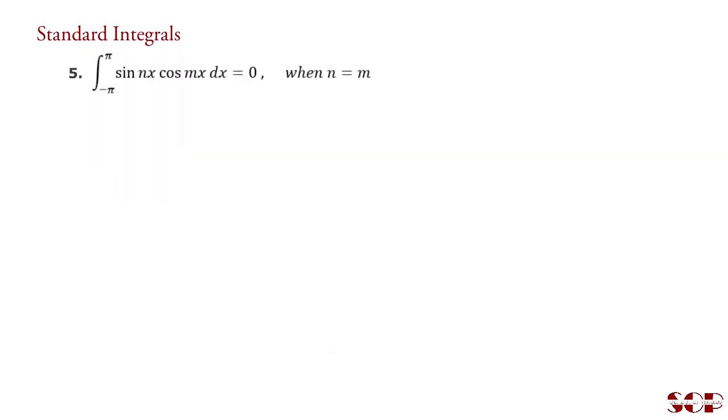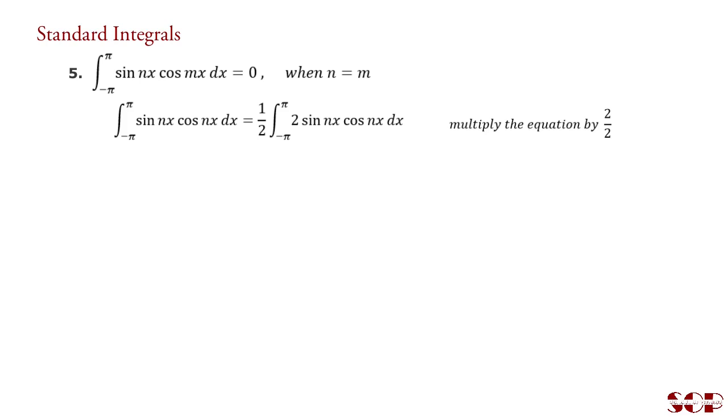Now, the integral from minus pi to pi of sin nx cos mx dx equals 0 when n equals m. Multiplying the equation by 2 upon 2, we have the integral equal to 1/2 integration from minus pi to pi of 2 sin nx cos nx dx. Now, we apply the trigonometric formula 2 sin theta cos theta equals sin 2 theta.